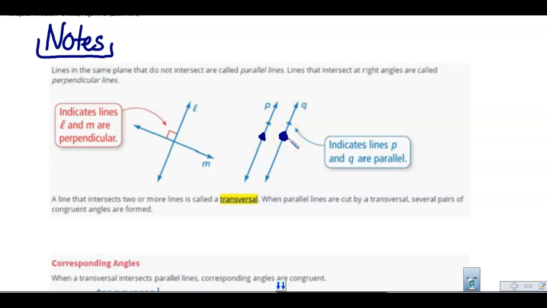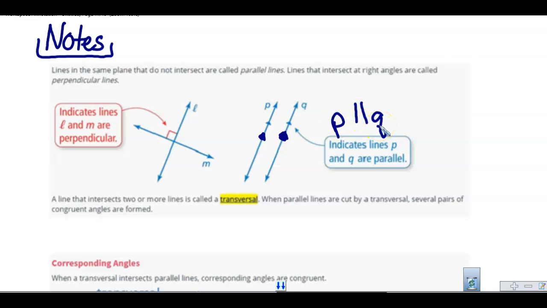When we write that lines are parallel to each other, for instance, these symbols indicate that line P is parallel to line Q. But if I were to write that, I would say P, and then I'd have two bars straight up and down, Q. This says P is parallel to Q.